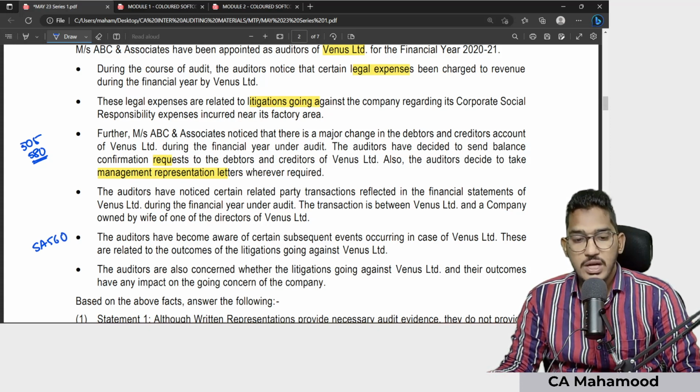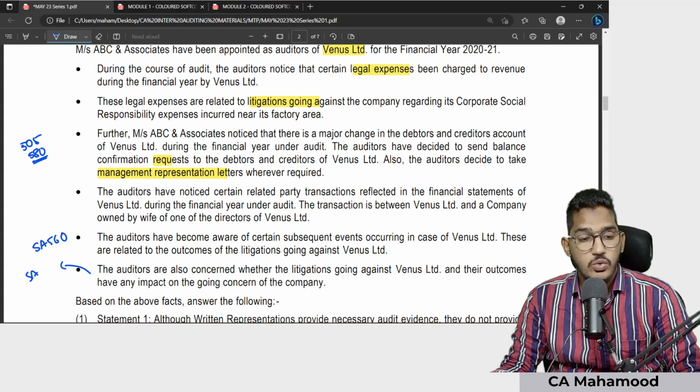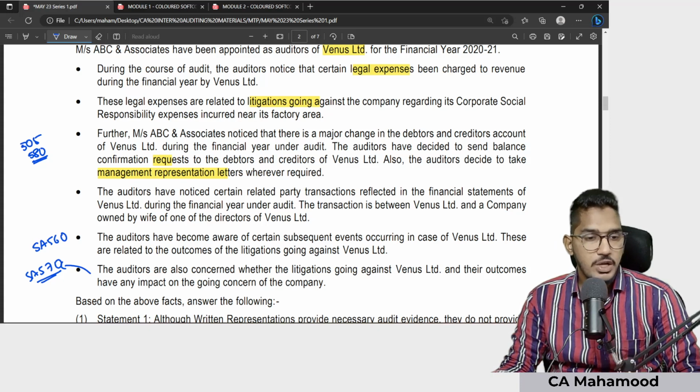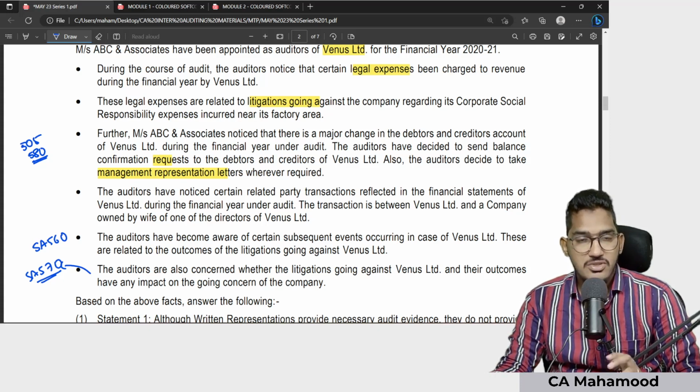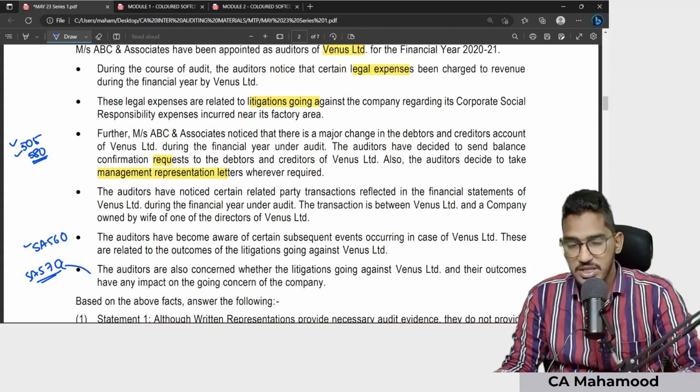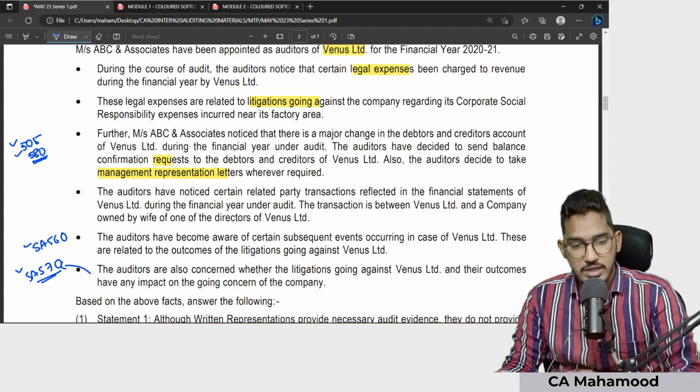The auditors are also concerned whether the litigations against Venus Limited and their outcomes have any impact on going concern. So SA 570 also will come into the picture. If you observe, many standards are involved here: 505 external confirmation, 580 written representation, 560 subsequent events, 570 going concern.